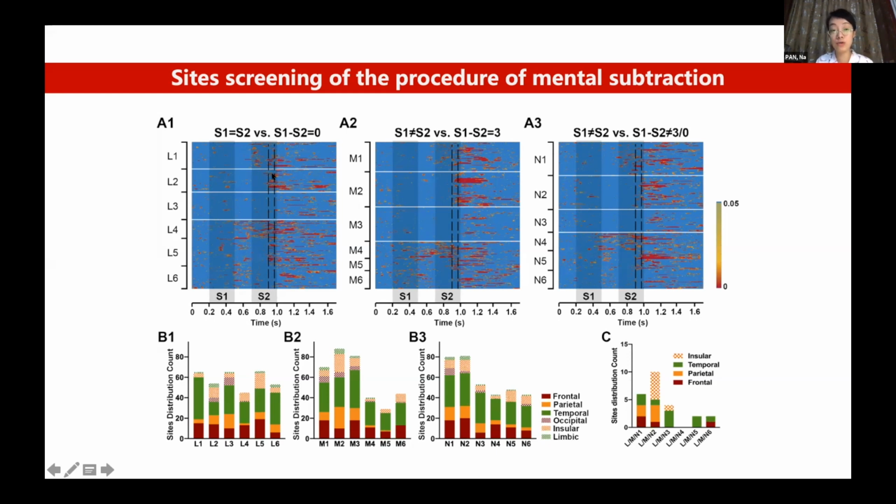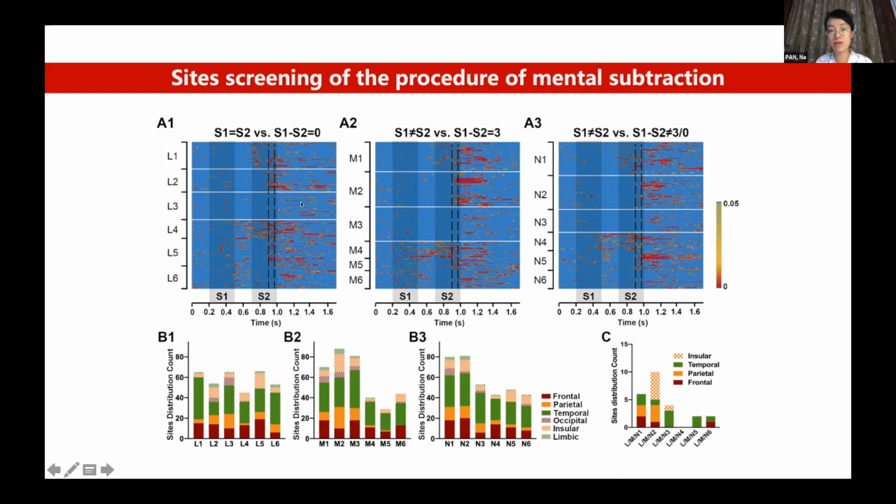In cluster 2, the difference occurred later, at around 200 milliseconds after the S2 onset, and the insular lobes are involved in this part.